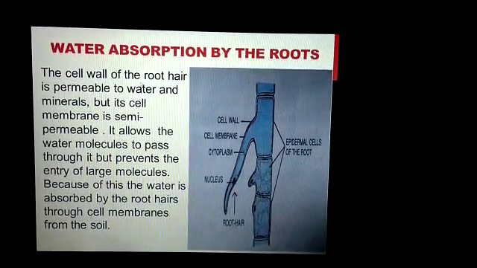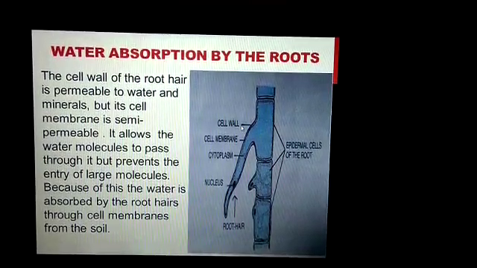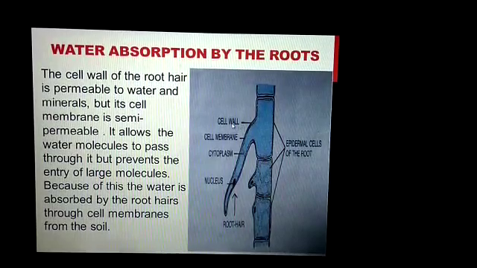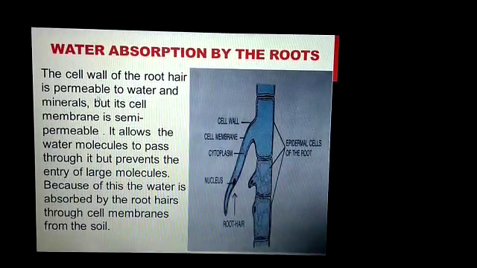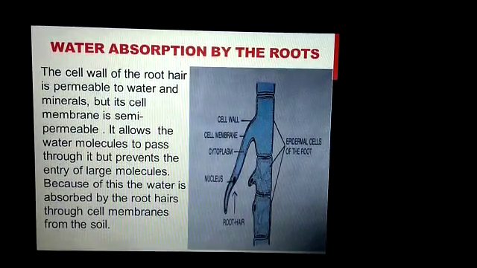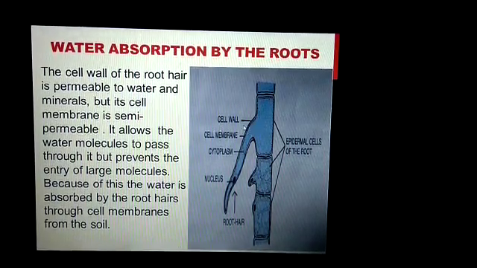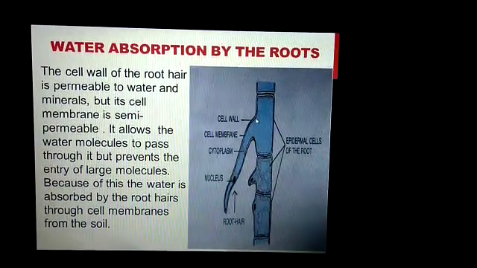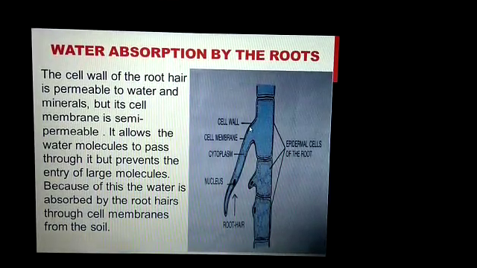Now, the cell wall of the root hair is permeable to water and minerals. As in the previous slide, I told you that the cell wall is freely permeable, so it allows water and minerals to pass through it. But next to the cell wall, there is a cell membrane which is semi-permeable in nature.